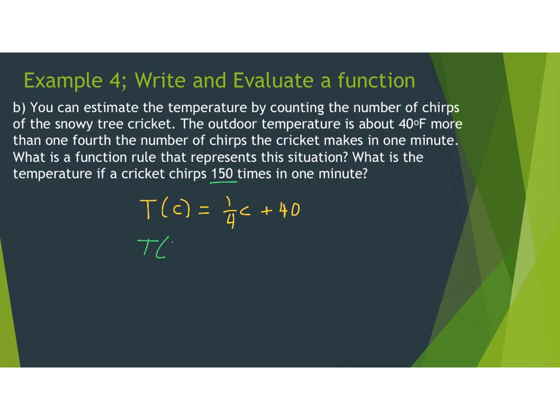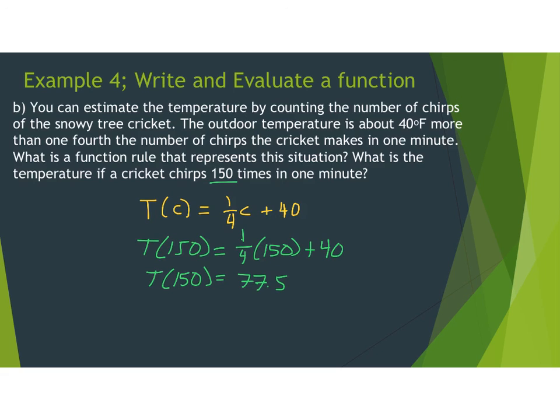So that would be T of 150 equals 1/4 times 150 plus 40. And then you can just type that into a calculator. And when you do that, you get T of 150 equals 77.5.